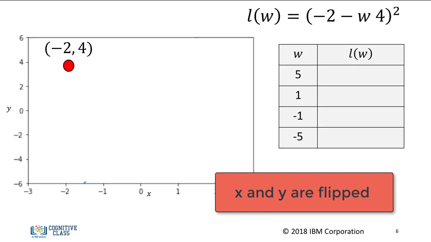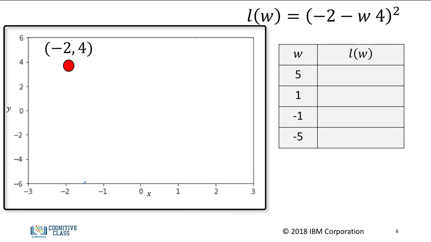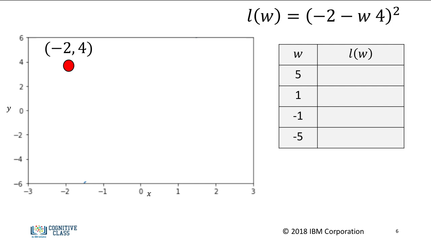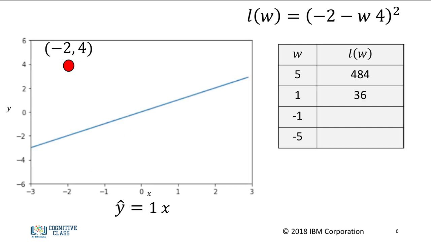The table on the right has two columns. The first column is the value of the parameter, and the second column is the loss generated by using that parameter. The table on the left will show some lines generated by using that value of the parameter. If we select a value for a parameter of 5, the loss generated is 484. We see the line generated on the left.